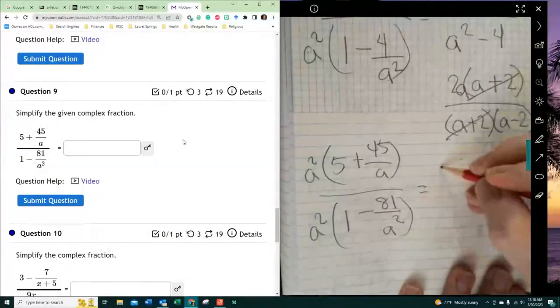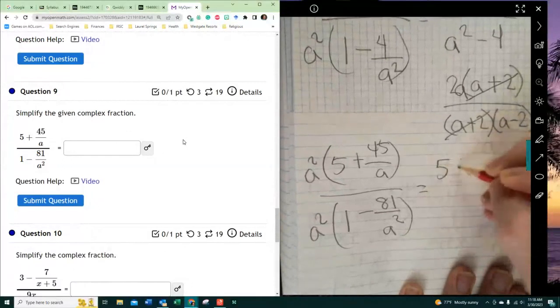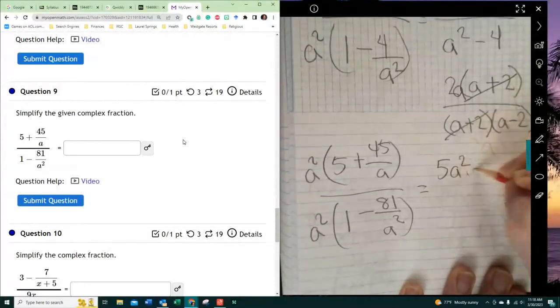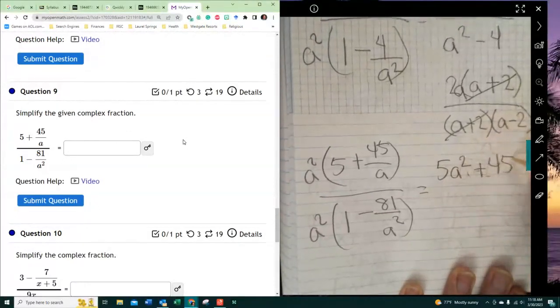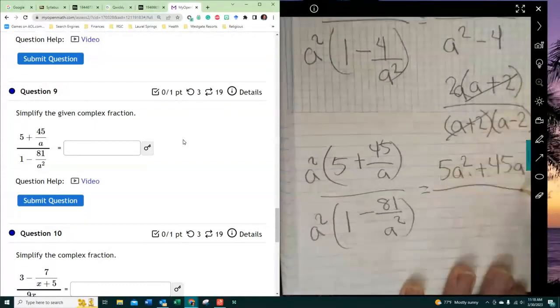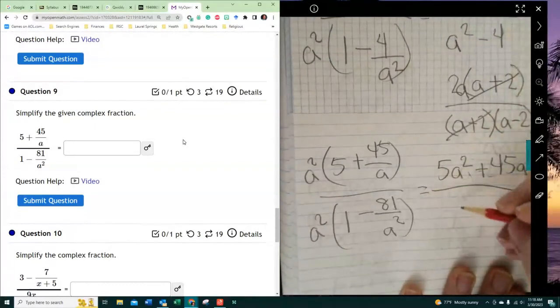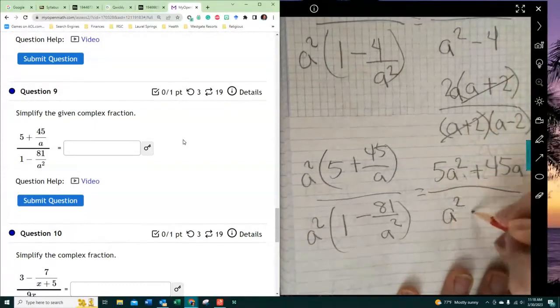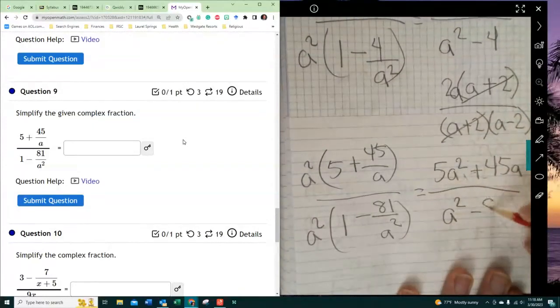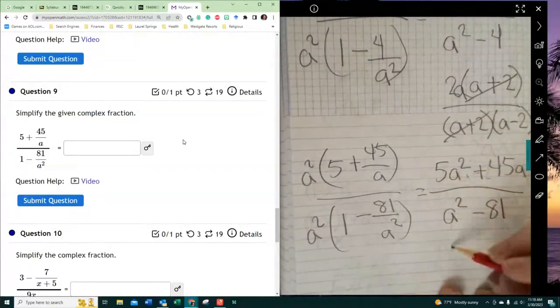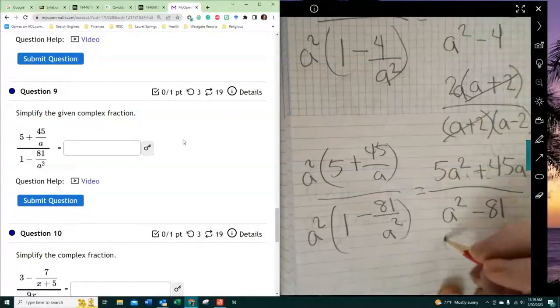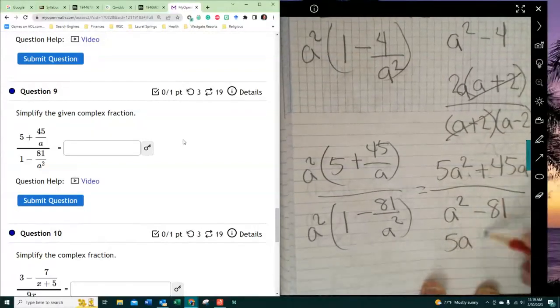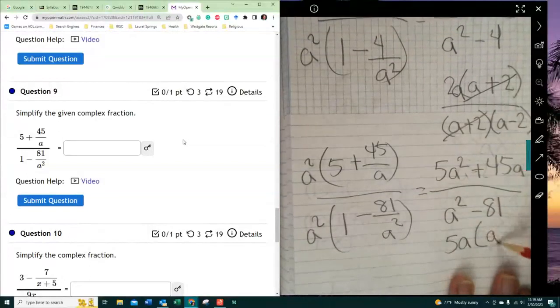Now, I'm going to go ahead and FOIL that through. I'm going to get 5A squared, and then I'm going to get plus 45A. It feels like we just did this one, just different numbers. A squared minus 81. And then we factor out a 5A. This time I'm not going to mess up the A. Look at that. I remember that now. I made that mistake. I'm not going to do it again.